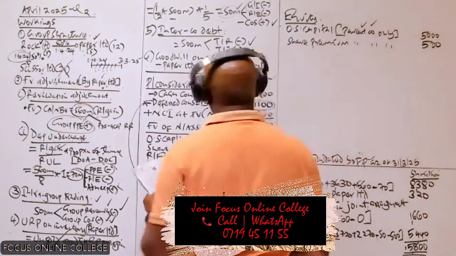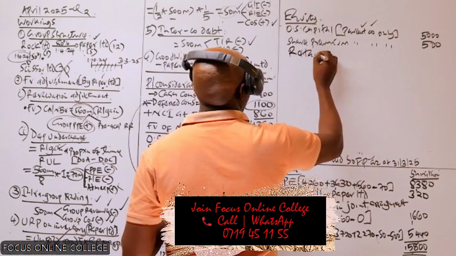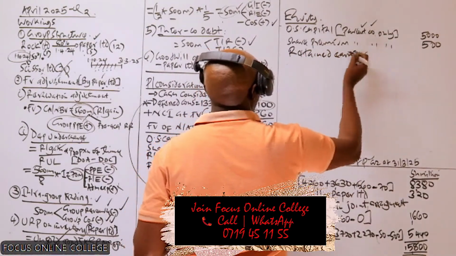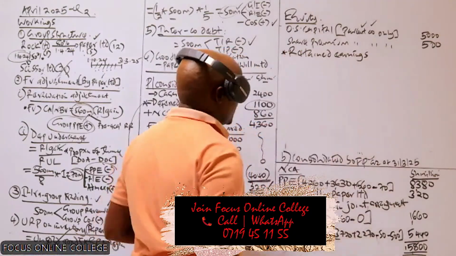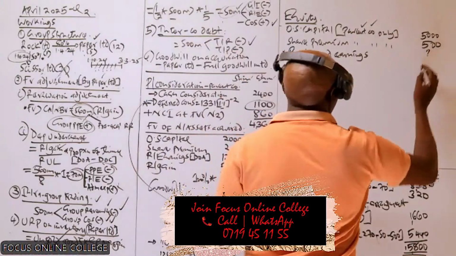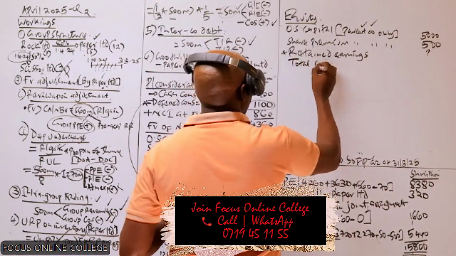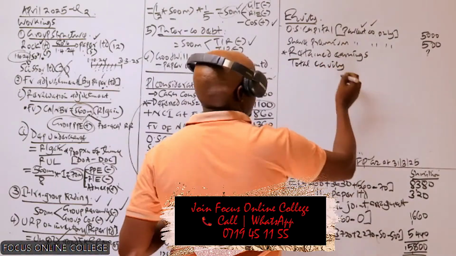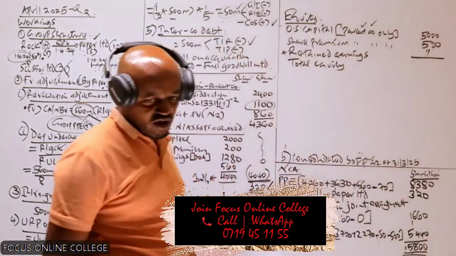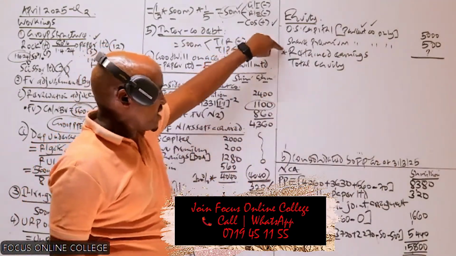So below that, we have the retained earnings. Retained earnings is one of the items which is a little bit tricky in terms of its computation. Maybe first of all, we can skip this one. We will come back and compute it. Then we will get the total equity. These are some of the items you don't have to compute first in an exam.